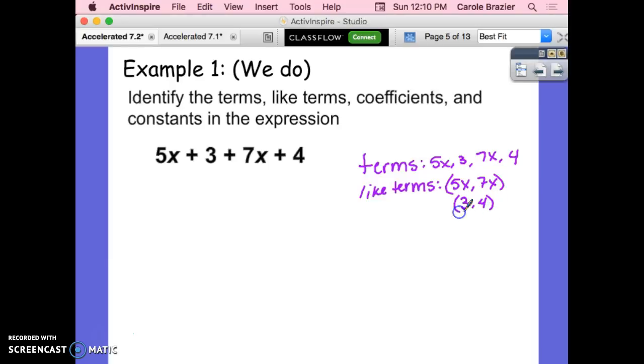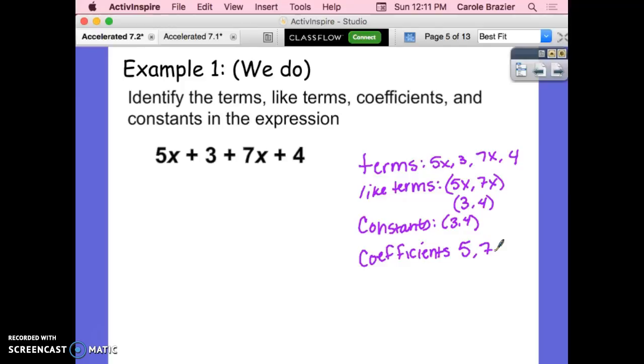Even though they're also constants, they're still like terms. I can still add them. Your constants would also be 3 and 4. And then your coefficients would be 5 and 7. 3 and 4 aren't included in those because I'm not looking for a number that is without my variable.